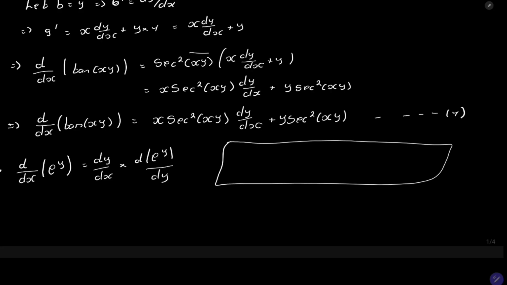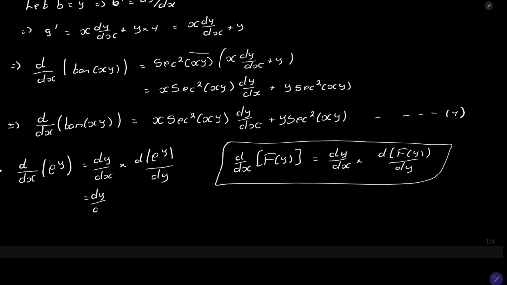This is evident from the formula: the derivative with respect to x of any function of y, that is any function dependent on y, is dy on dx times the derivative of our function with respect to y. So this gives us dy on dx.